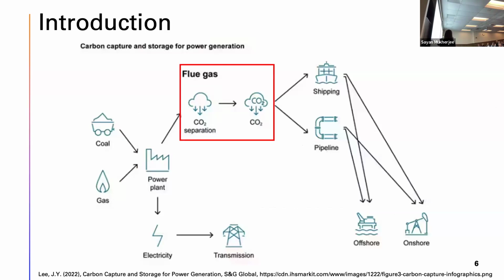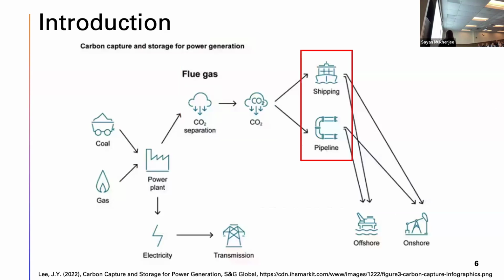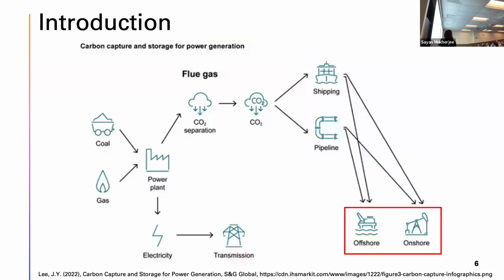So we capture the carbon from the gases out of the power plant using temperature and chemicals and get the pure carbon dioxide, which then is transported through shipping or pipeline, in liquid or supercritical state. It could also be by truck, but shipping and pipeline are the most common. And then it's stored onshore or offshore in geological formations. So this is the basic problem we're looking at to optimize.